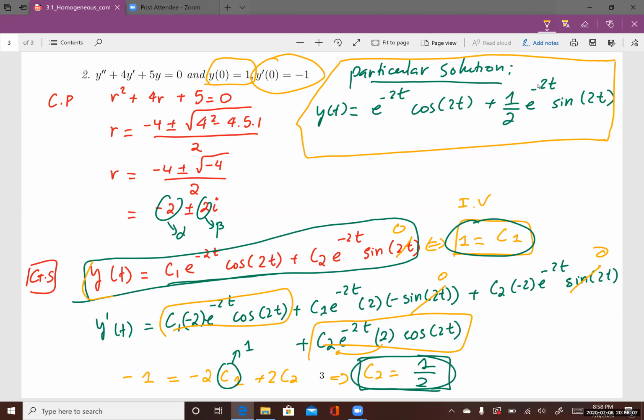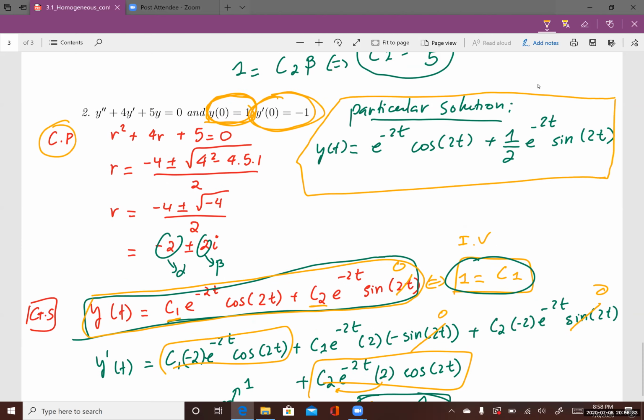Using the general solution, obtained from the complex root of the characteristic polynomial, and also using the two initial values here in order to find C1 and C2. And once I have C1, C2, and the general solution, I can have the particular solution in this form.